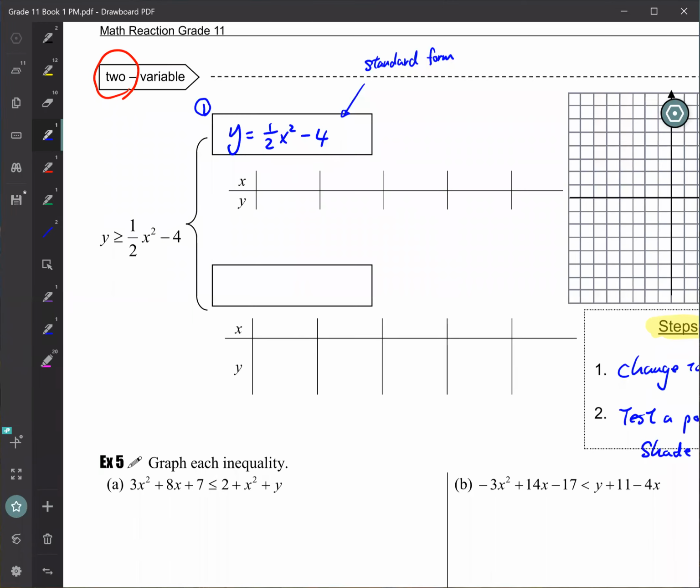So what's the APQ for this one? Waylon? What's the APQ for this? Waylon, are you there?